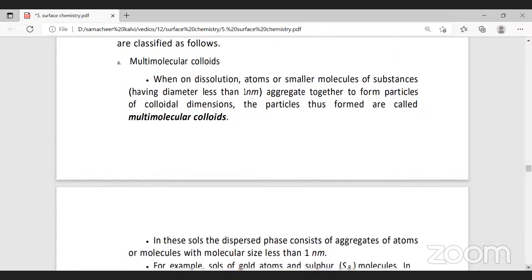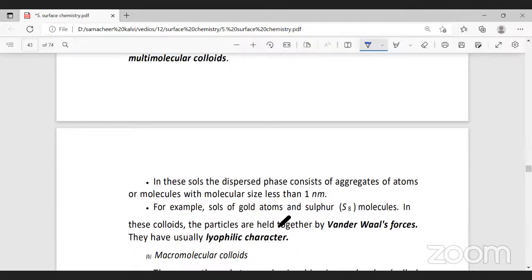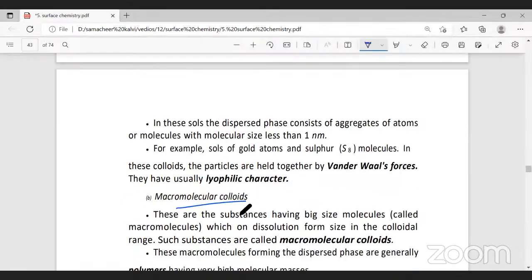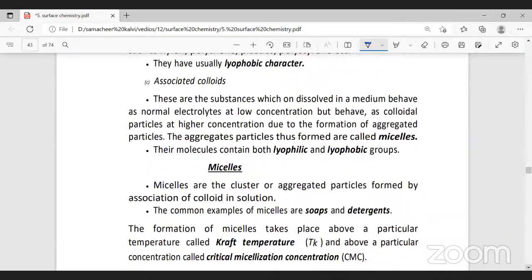It has different characters, but we will not be learning those characters. It's not important. Next is macromolecular colloid. Macromolecule means bigger molecular size. We do not have this classification.